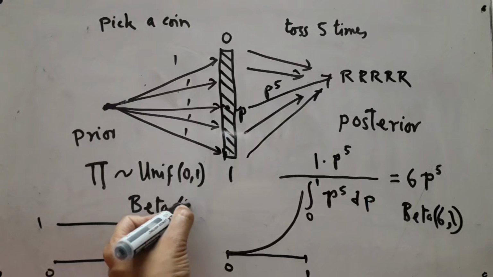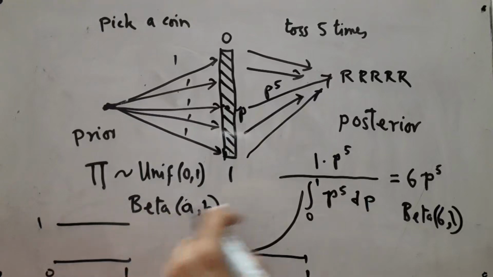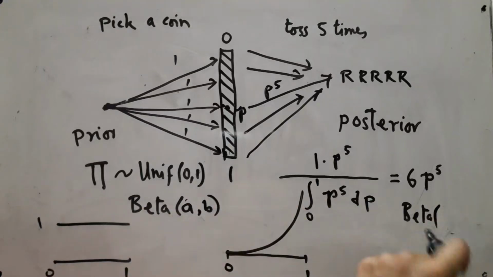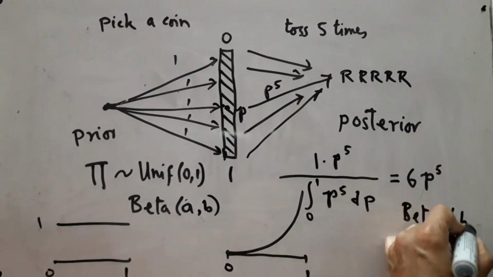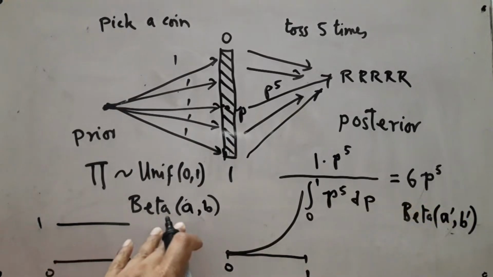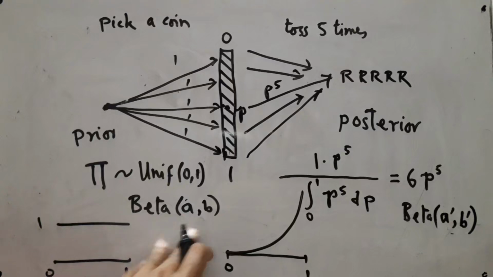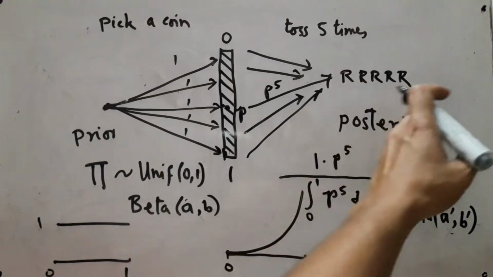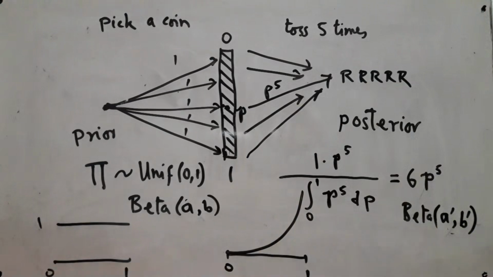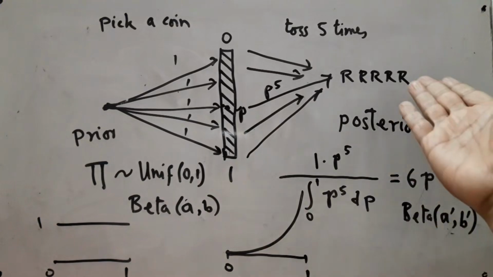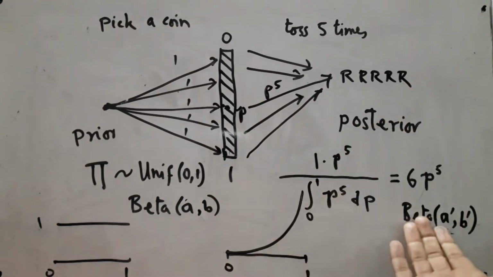Now it is not very difficult to see that even if I change this to some other beta, not necessarily 1, 1, this will also be some other beta, A prime, B prime. So whenever you use beta to start with, after the entire process, whatever is your data, you will always end up with another beta. And this helps in computation of the updated information easily, because you collect some data, or some data streams in, and you update to this beta.